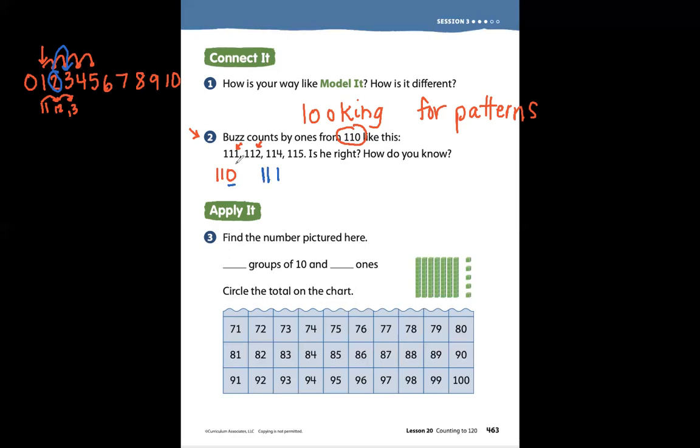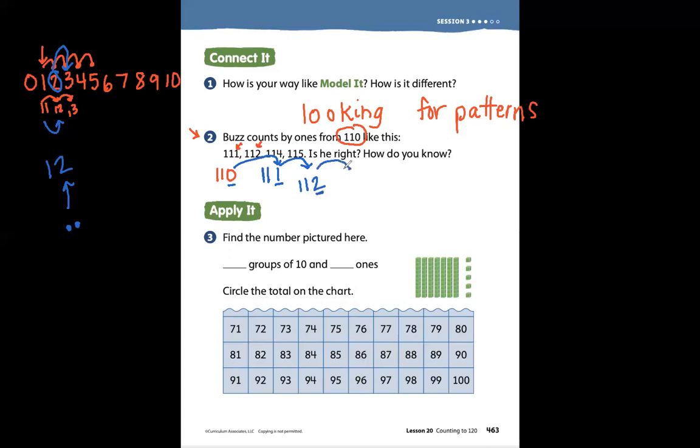So 110, 0 ones, we get 111. After 11 comes 12. 12 has 2 ones. So 111, then comes 112. It has a 2 in the ones place.